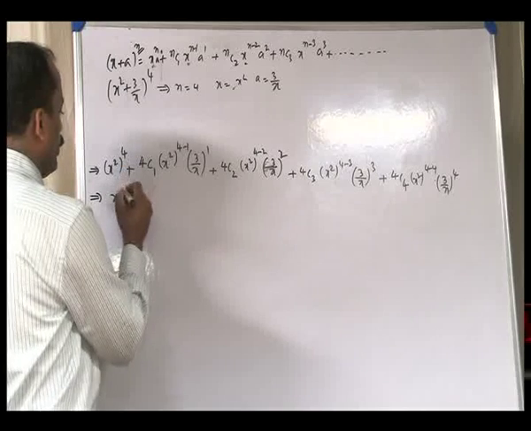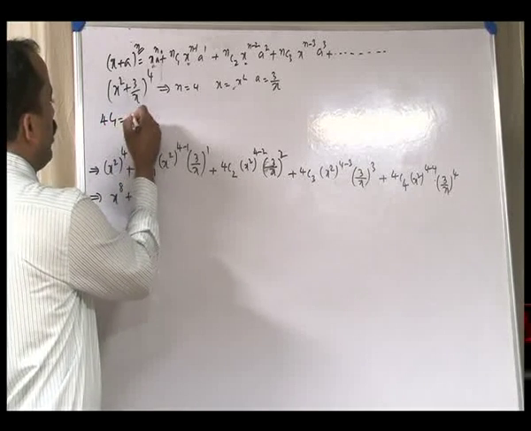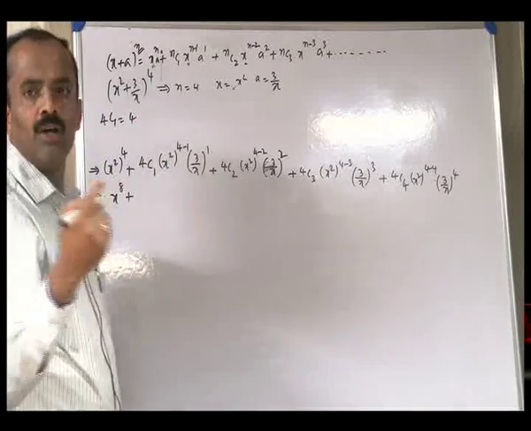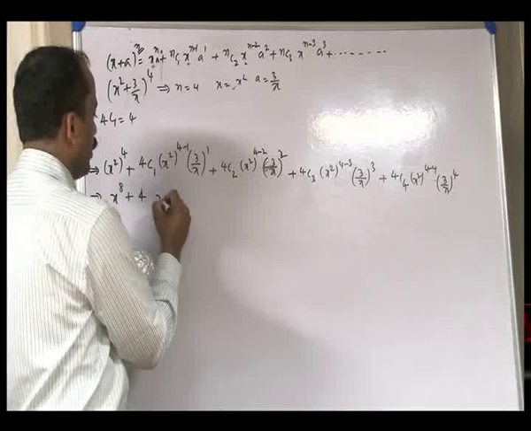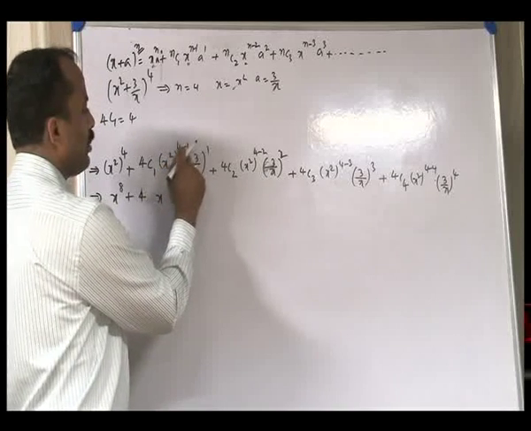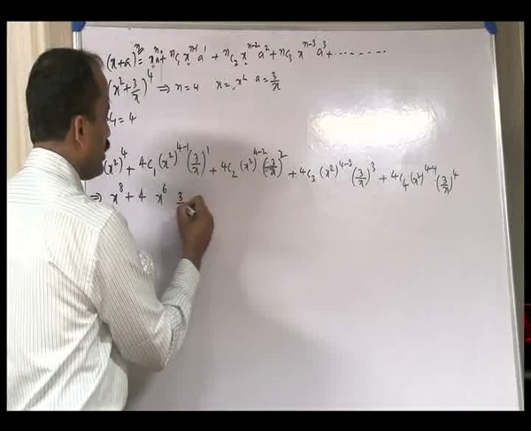x squared to the power of 4 is x power 8 plus, actually 4C1 value is 4 itself, because nC1 is n itself. So 4 into x squared to the power of 4 minus 1 is 3, so x to the power of 6 into 3 by x.